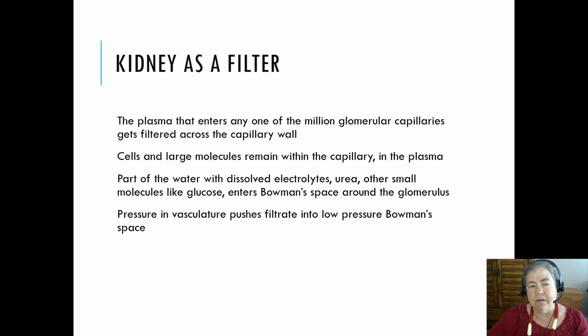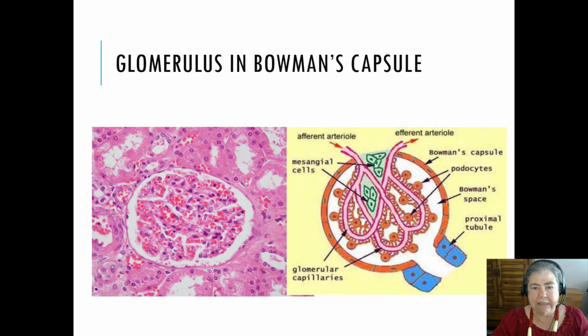So the tuft of capillaries is sitting in a space that is bound by a membrane. That space is called Bowman's space, and there's very low pressure in Bowman's space, but there is pressure in the capillaries, and so the pressure in the capillaries pushes fluid, filtrate, out of the capillary, out of the vessel, and into this low pressure Bowman's space.